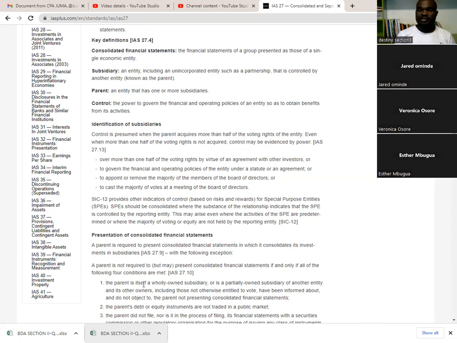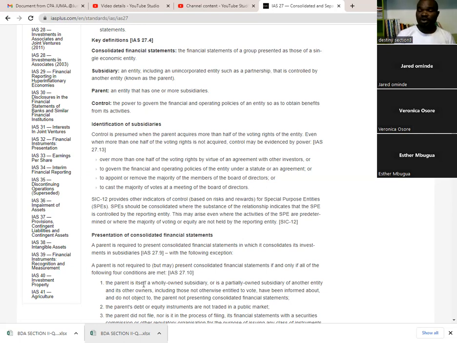So what that means in relation to what he was asking is that control does not only exist at 51%. The parent may have less than 51%, but if the parent is the one mandated to appoint the majority of the board, to remove the majority of the board, and to cast the majority of the board votes at the board meeting, then in that case the parent will consolidate for that company.